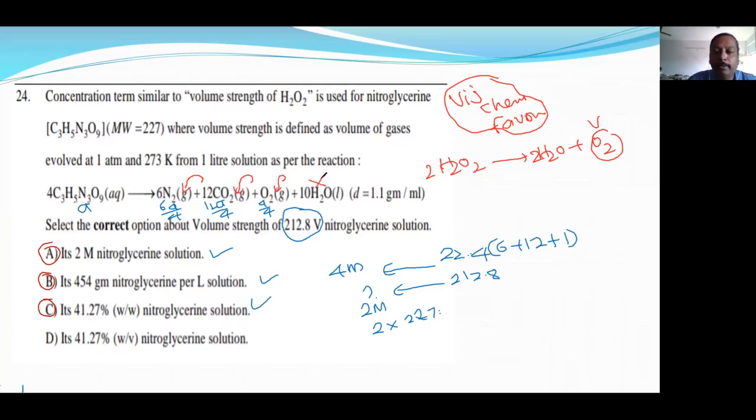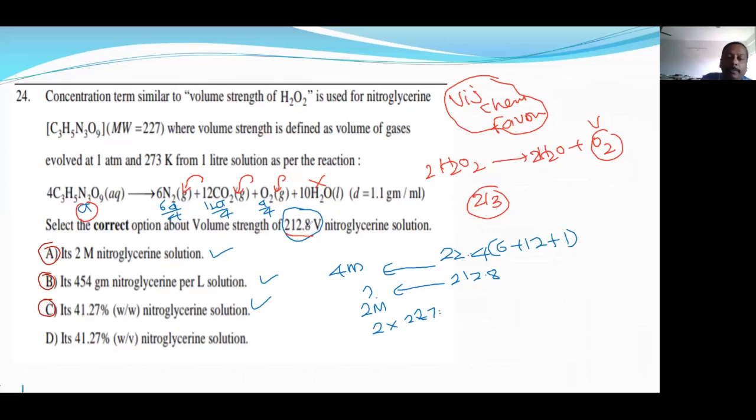Complete universe is how much? I think 2/3 of the earth is covered with water. So here you need not worry about the water. You should worry about the gas. Okay. So only gas matters sometimes. Here, according to this equation, volume strength is given as 212.8.